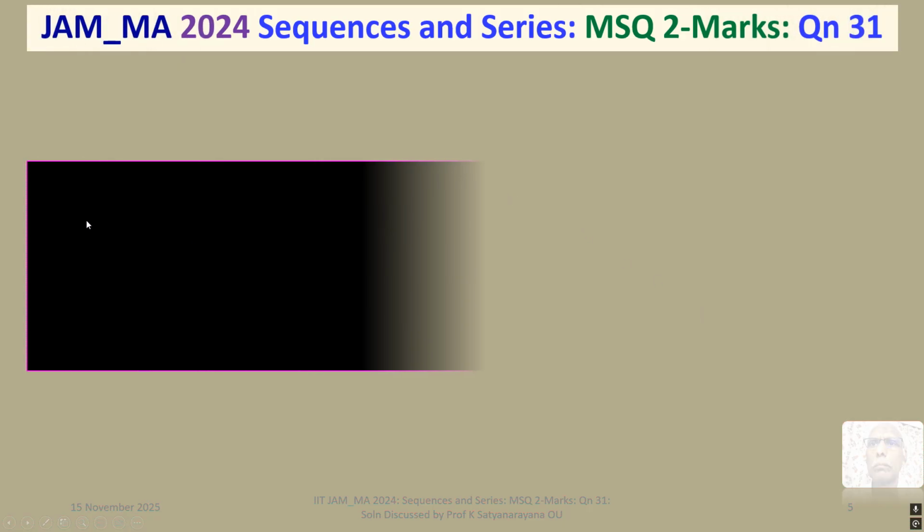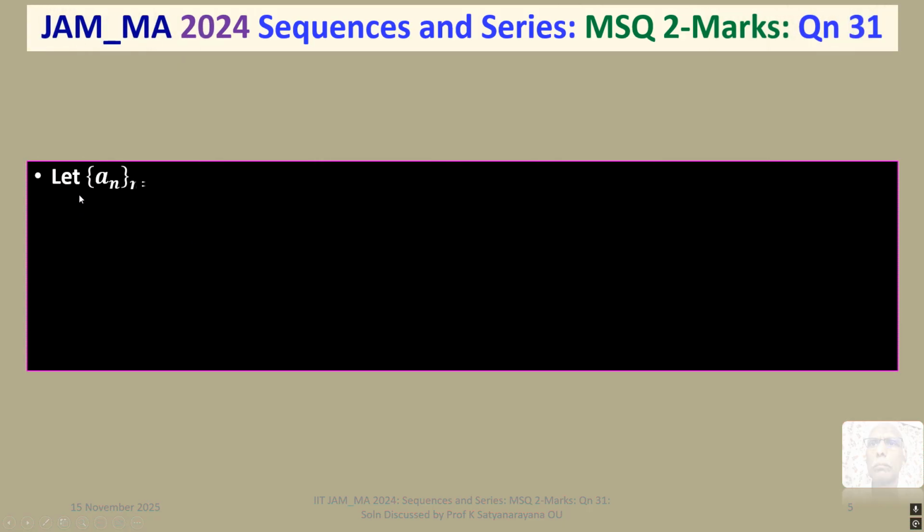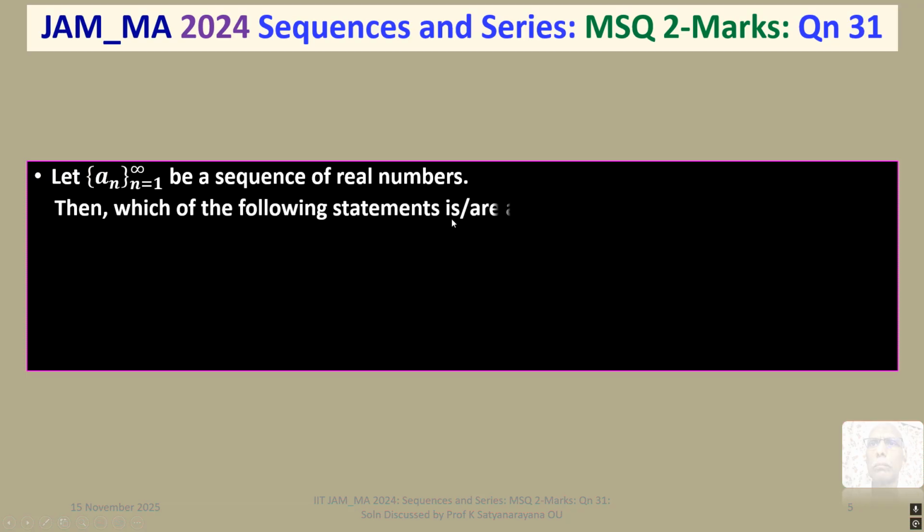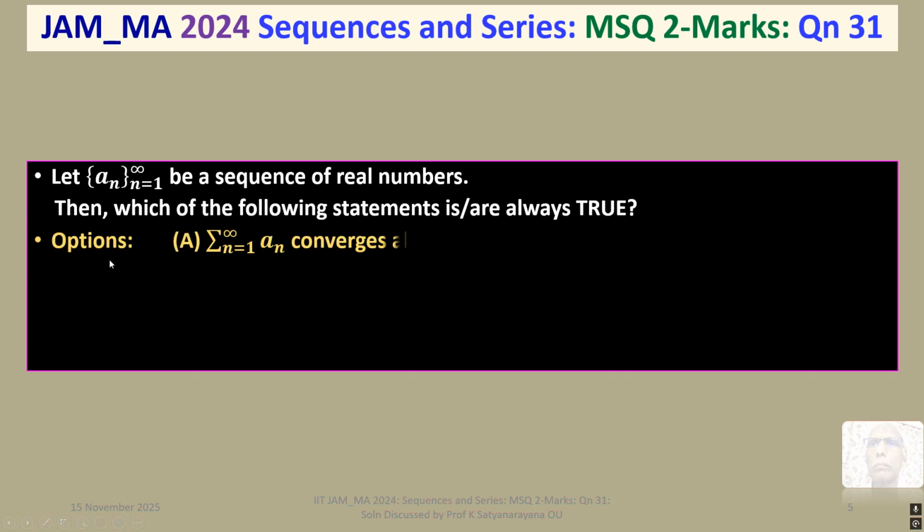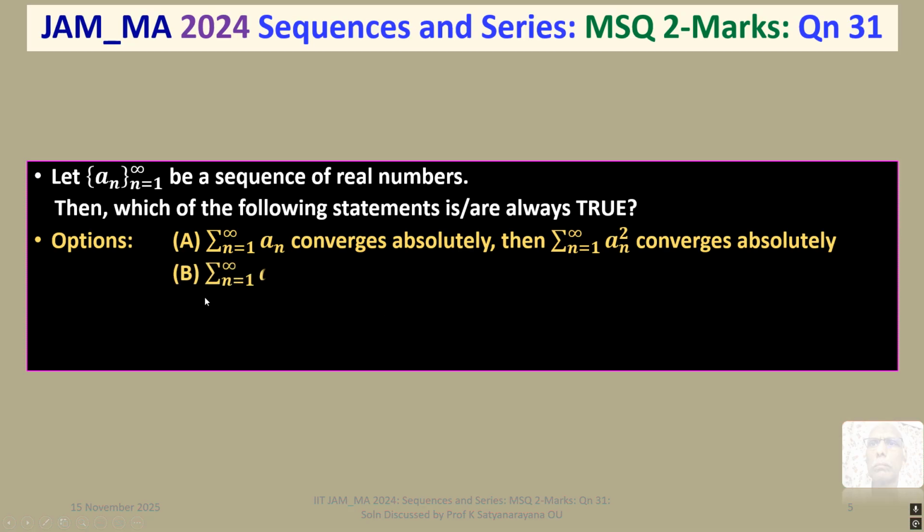Right. The given question is, let an, n is equal to 1 to infinity, be a sequence of real numbers. Then which of the following statements is always true? We are given 4 options. Option A, sigma n is equal to 1 to infinity an converges absolutely, then sigma an square converges absolutely.